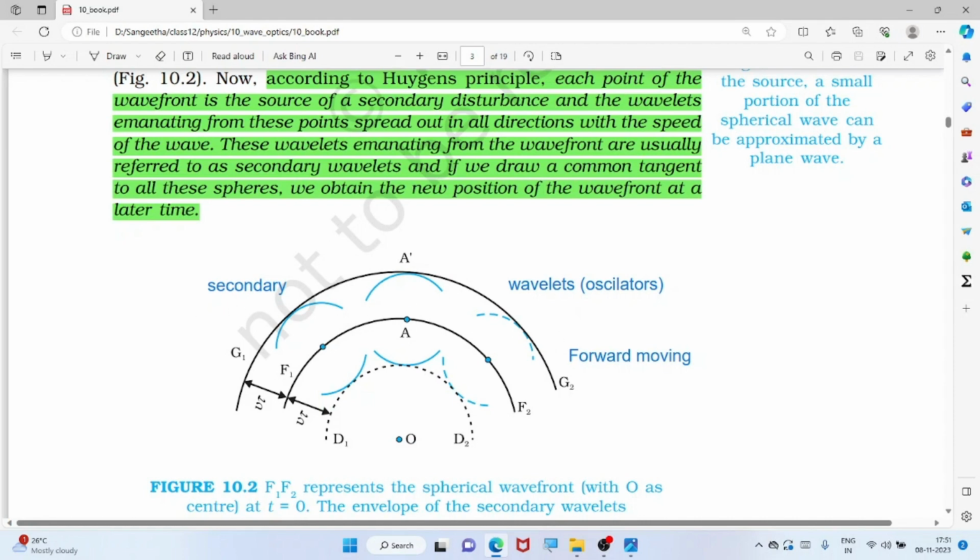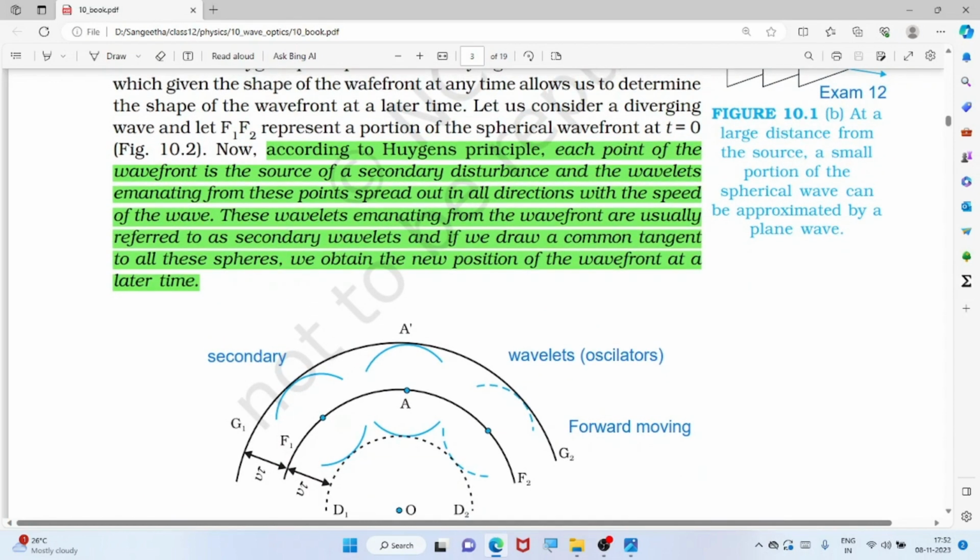So in the wave front each point is called a wavelet, an oscillating wavelet. And the new wave front from these wavelets moves forward only, not backward. That is what the Huygens principle says.